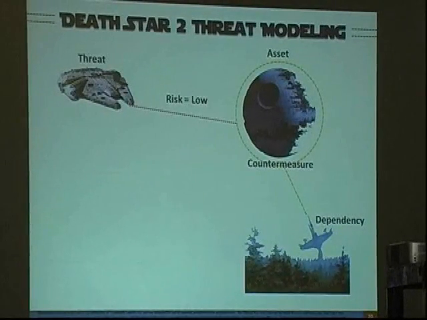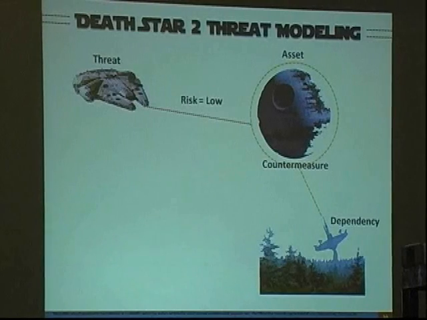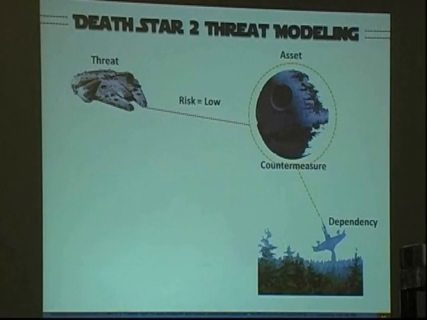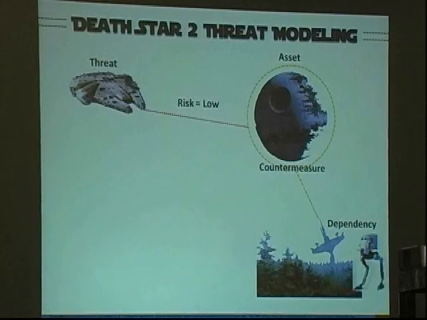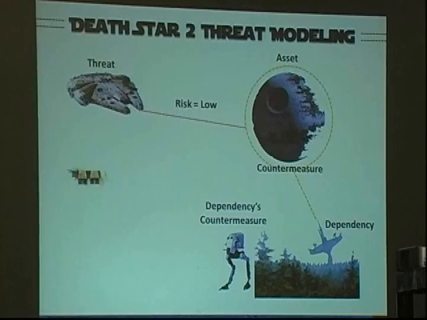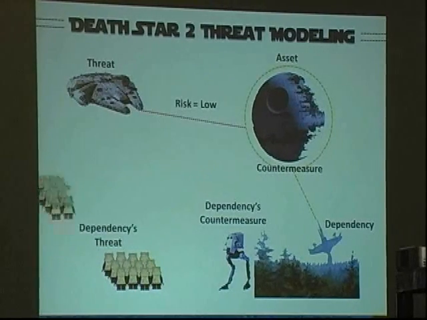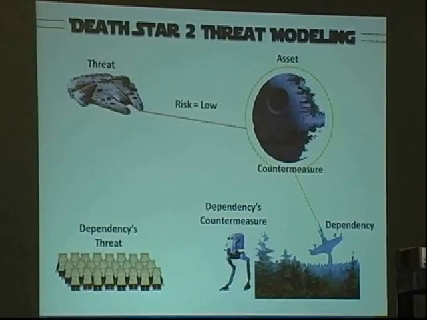But the problem here is that the dependency is now a link in your chain. The old cliche that you're only as strong as the weakest link. Well, that was the case here because your dependency is a system, and that system has countermeasures. And if the system has countermeasures, that's because there are threats to that system. So essentially what happens is by having a dependency, you inherit their threats.